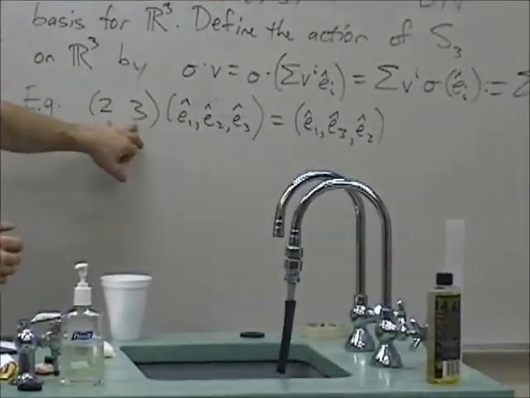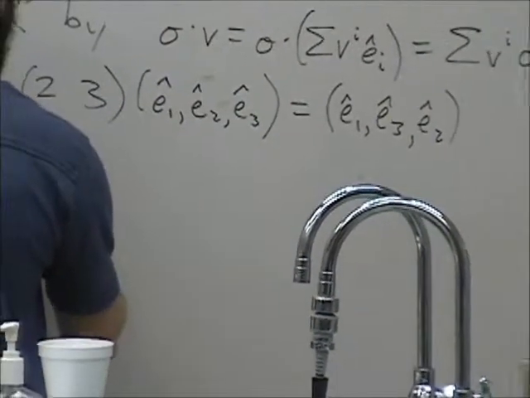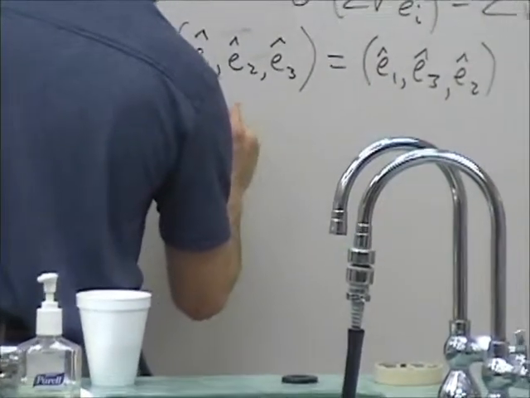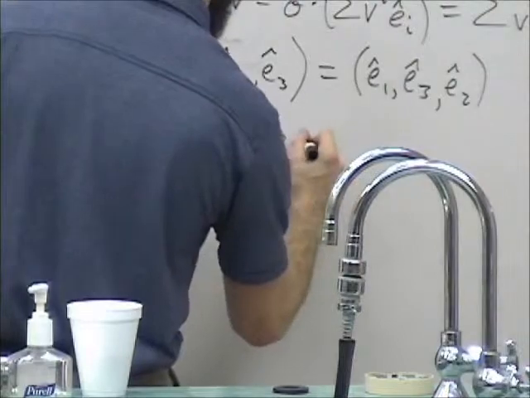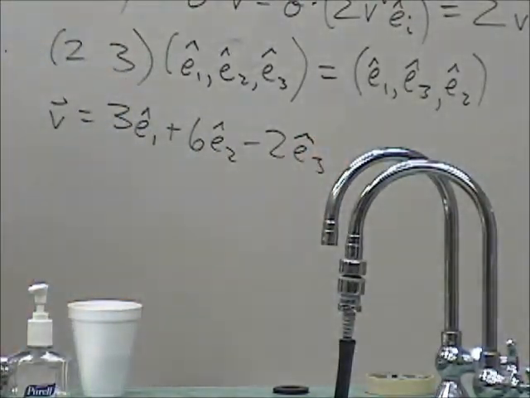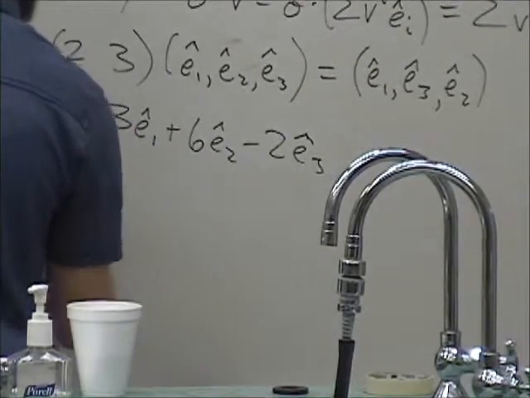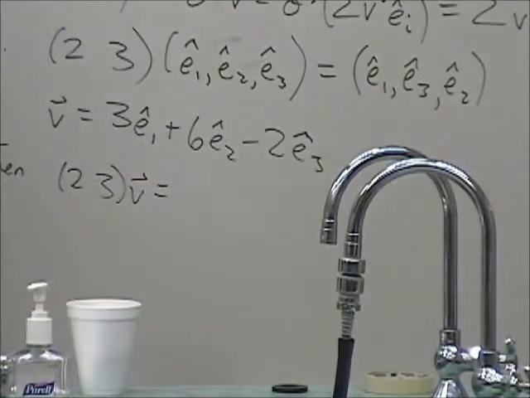This says switch the basis elements. So that means that if I had, let's take V to be 3 E1 plus 6 E2 minus 2 E3. Random numbers. I don't know where they came from. Then what is 2, 3 acting on V?